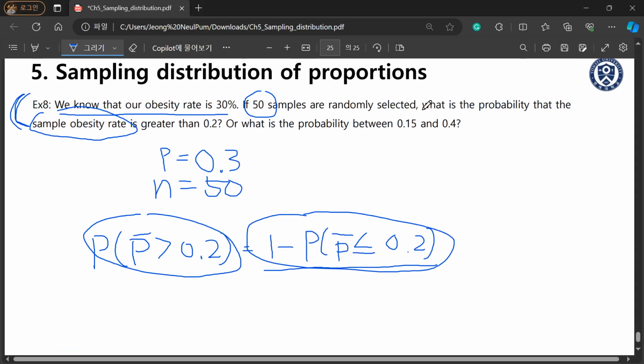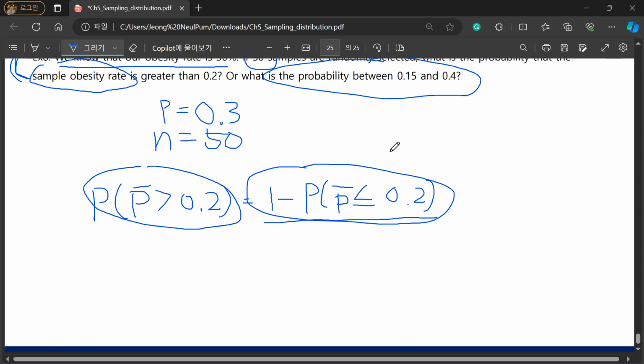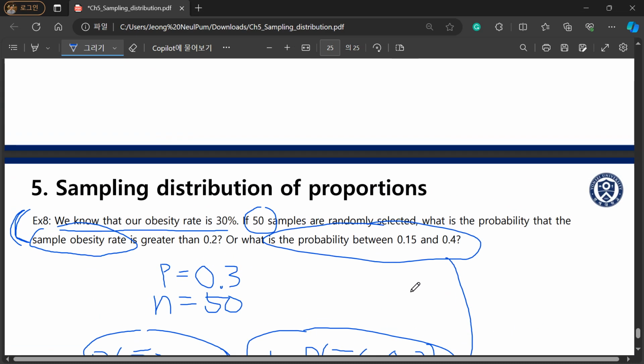The next question is the probability between these two values, which is also easy. This is the same as this probability, and actually the same as the previous one.